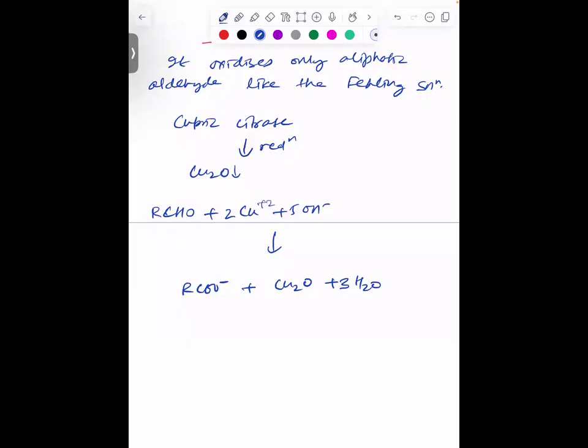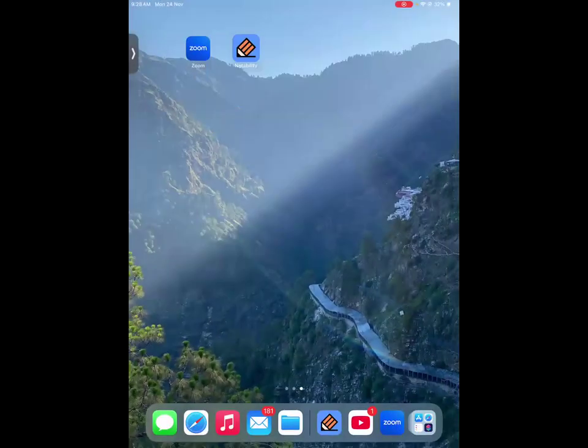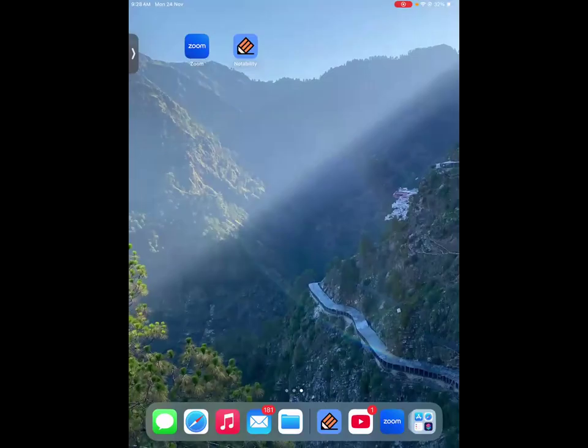Then we'll go to the reduction of aldehyde and ketone.